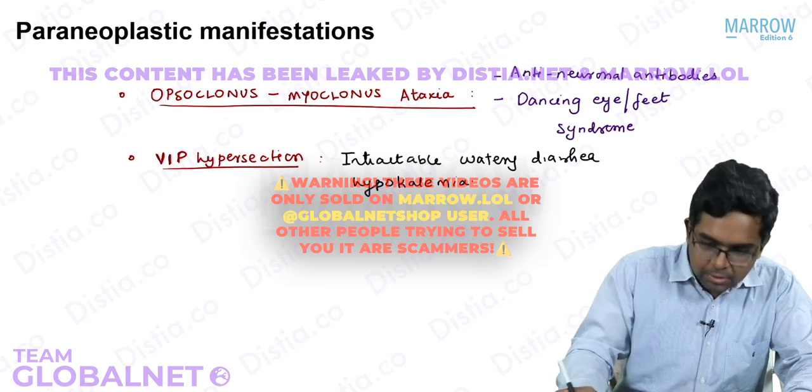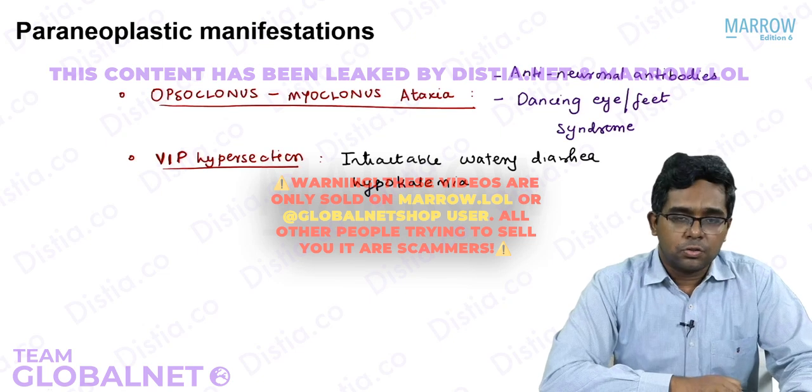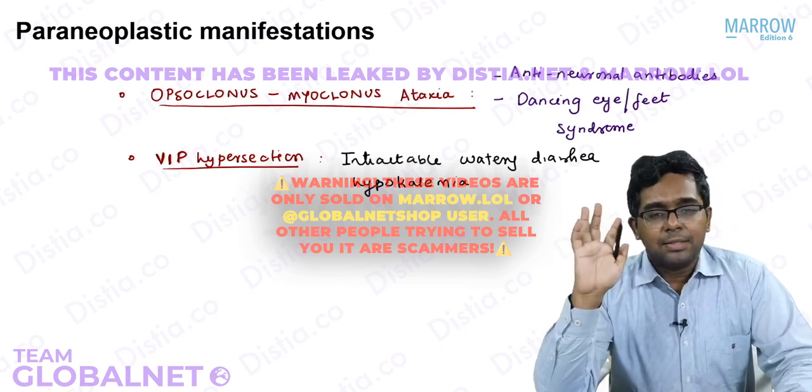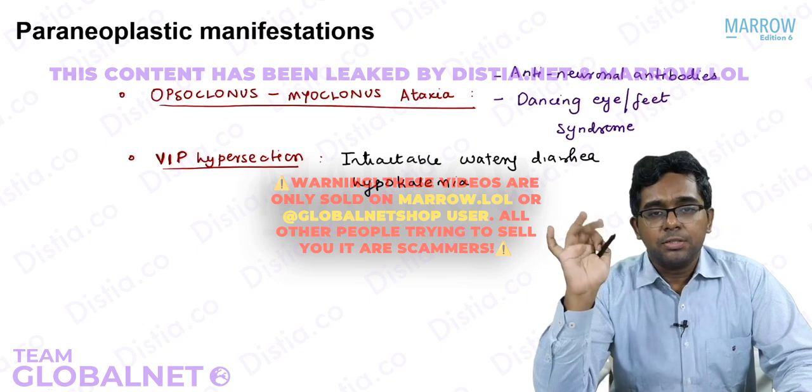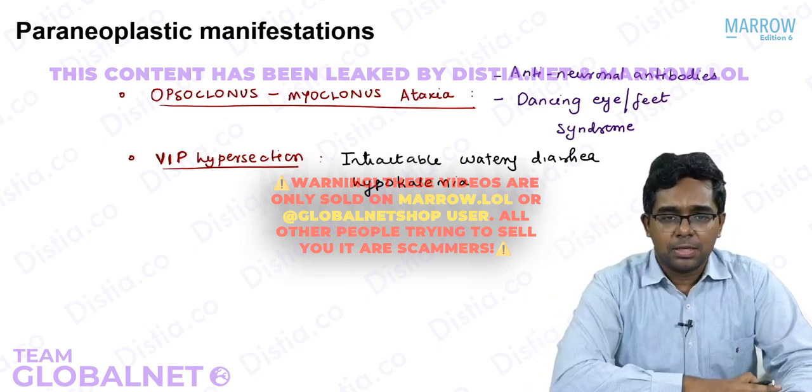Okay, so this is the second paraneoplastic syndrome associated with neuroblastoma. Okay, so remember, either the tumor or metastatic lesion or paraneoplastic manifestations are usual presenting features in neuroblastoma.